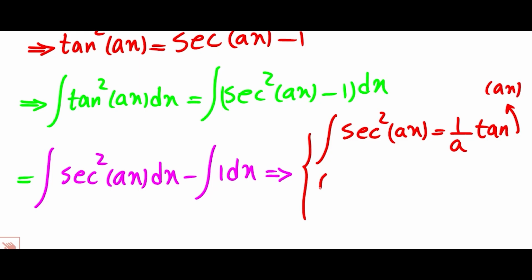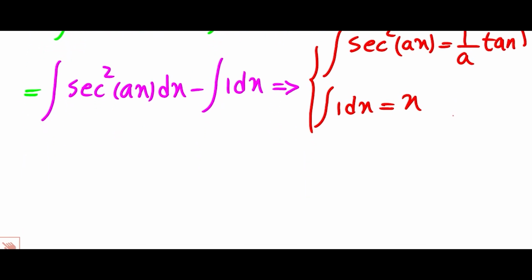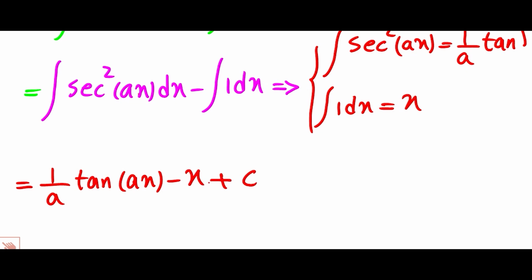And the integral of 1 dx equals x. So the integral of tangent squared ax dx equals 1 over a tangent of ax minus x plus c.